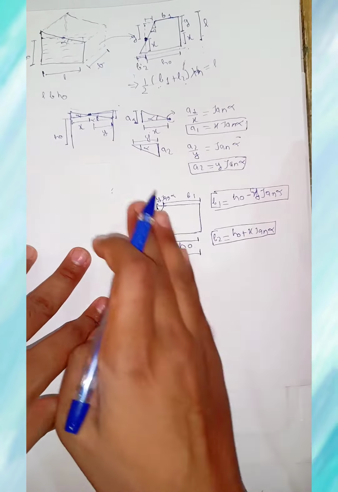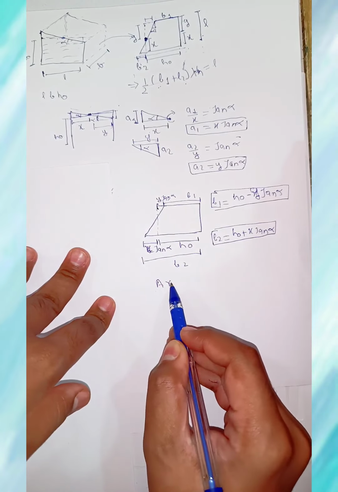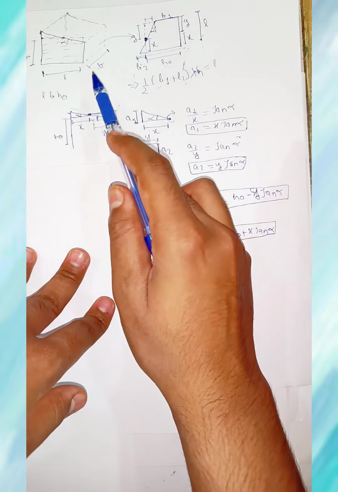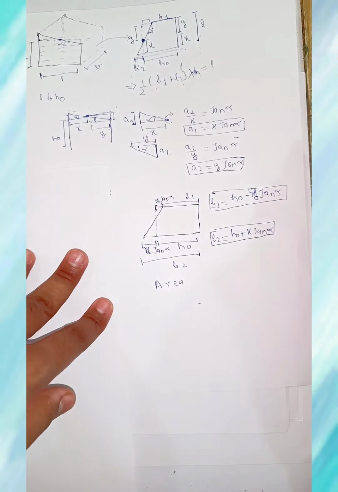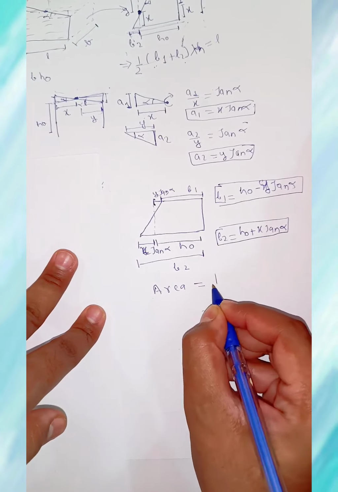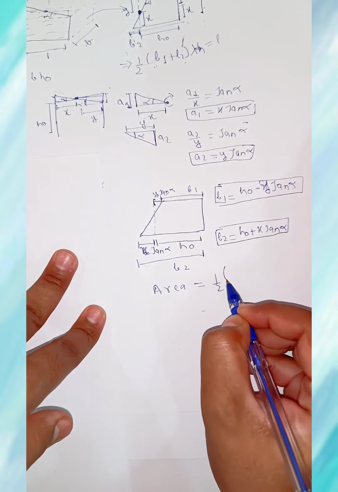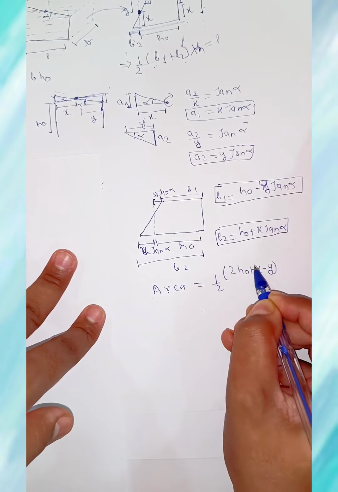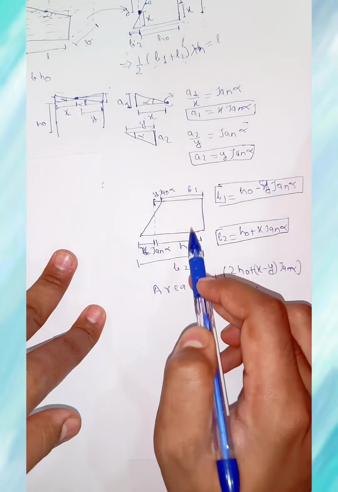We can easily calculate the volume of this trapezium. First of all, let us calculate the area of this trapezium, and we will multiply it with b to calculate the volume of this whole section. So how to calculate it? So area is half of base 1 plus base 2, this base and this base, that will be 2h0 plus x minus y tan alpha, into the height of this trapezium.